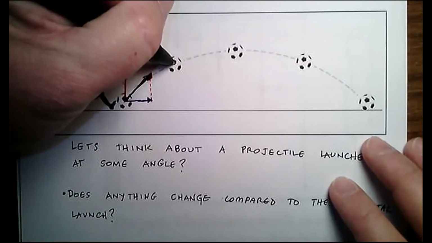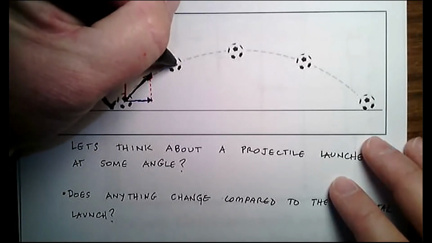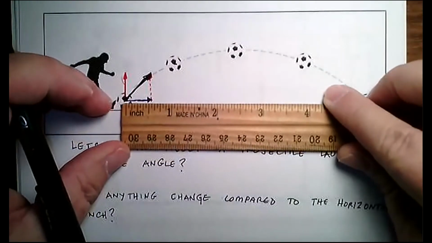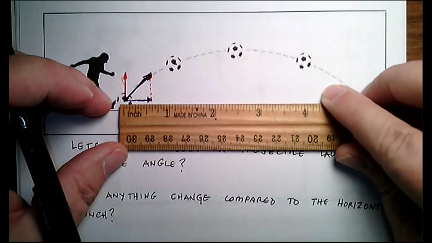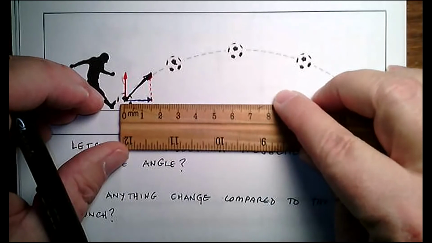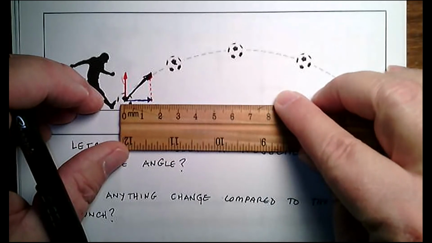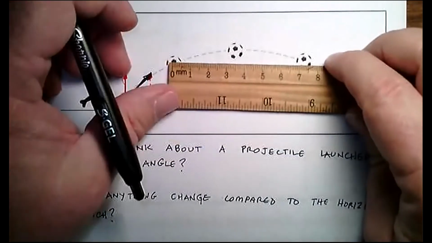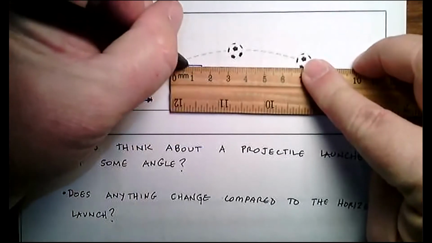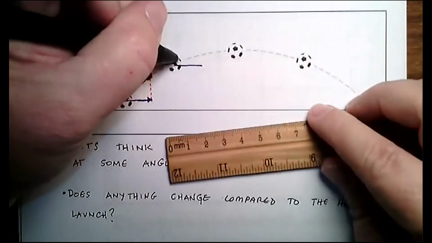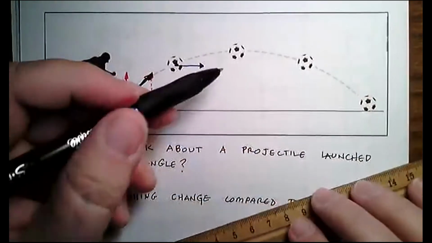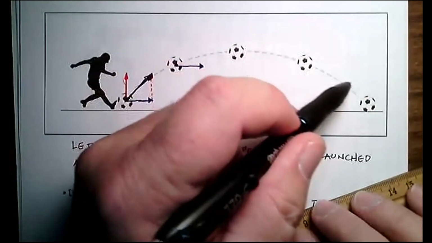And so my vector, I'll try to do this at least to scale, although when we do mathematical questions like this, we don't really have to worry about scale nearly as much. I just want the diagram to look decent. It looks to me that that vector is about 1.5 centimeters, so I'm going to draw it right here. Now, what do we know about the horizontal velocity of all of these locations?